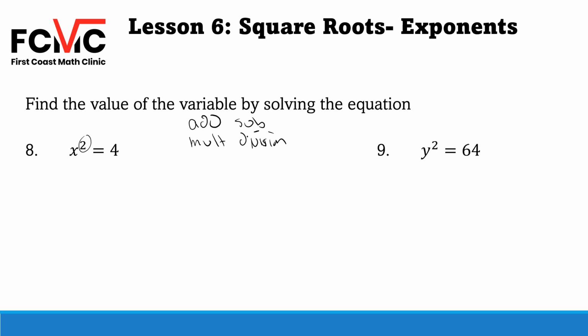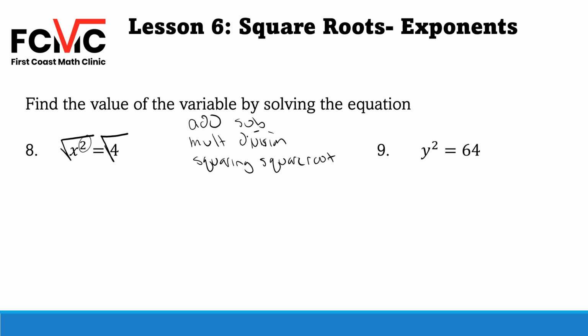For squaring, all right, for squaring, what's the inverse? What operation undoes squaring? Well, that's going to be square root. Okay, so if I'm squaring x squared, to undo squaring, I want to take the square root and square root of both sides.